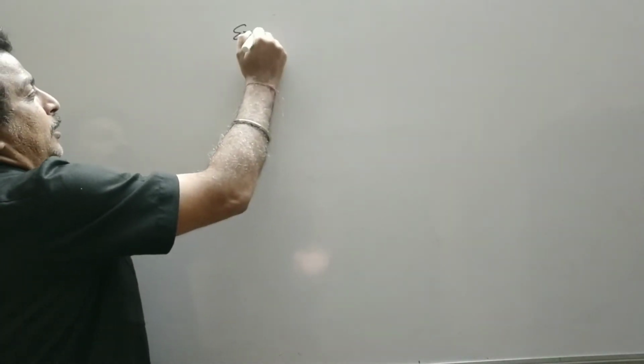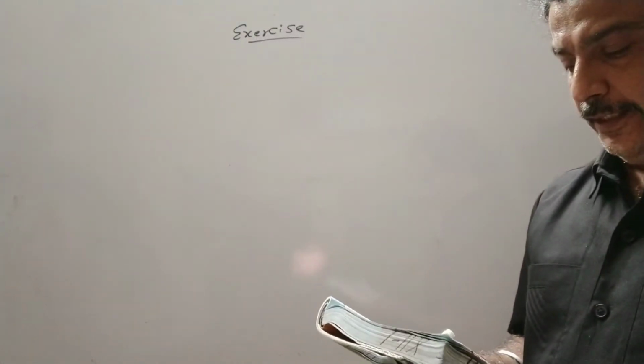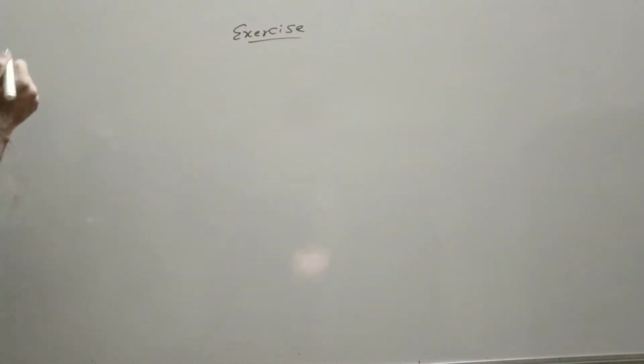Now let us see the numericals of the exercise. Question number 1. A 100 ohm resistor is connected to a 220 volt supply. So we have this circuit as a resistive circuit.